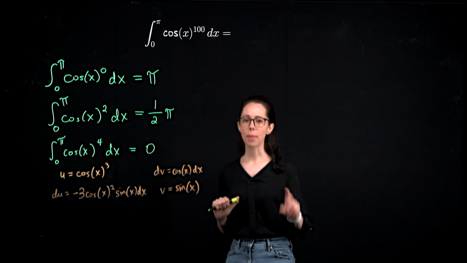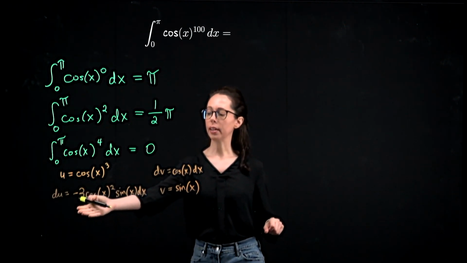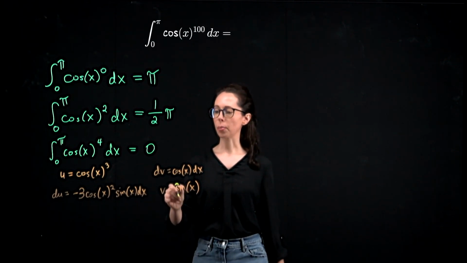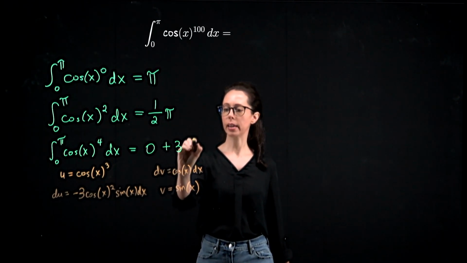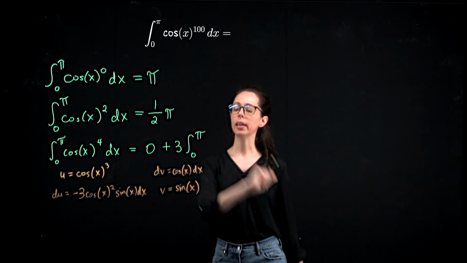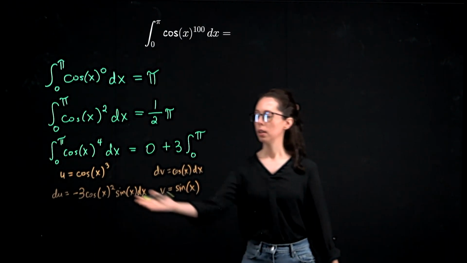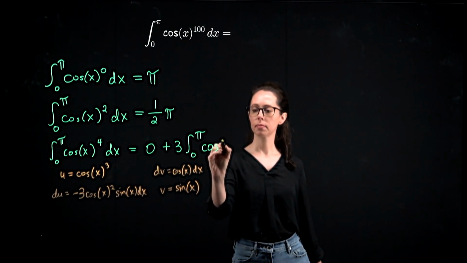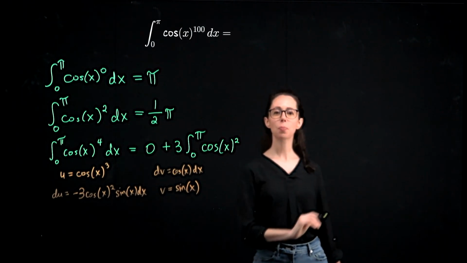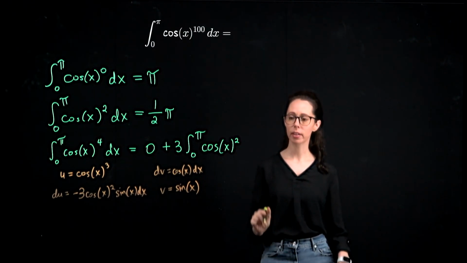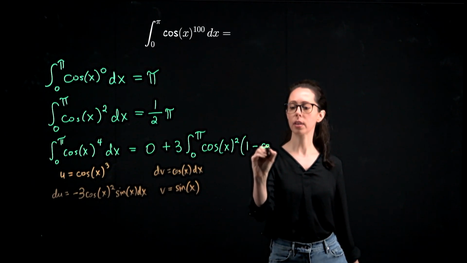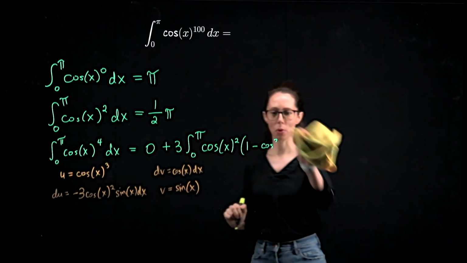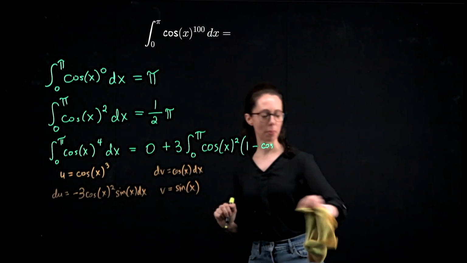And then we would have minus negative 3 times cosine squared sine squared. So I'm going to write plus 3 times the definite integral from 0 to pi, cosine squared. And then as promised, I'm not going to write sine squared. I'm going to write 1 minus cosine squared. And I'm going to use my exponent convention of the day.